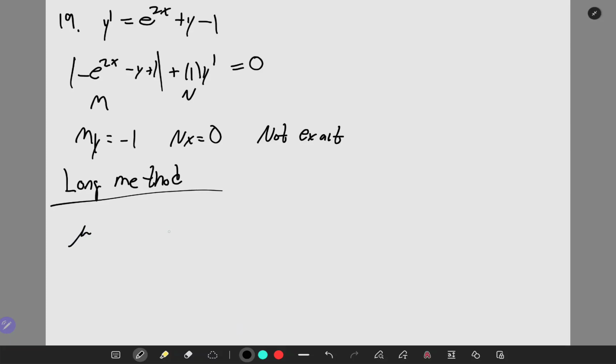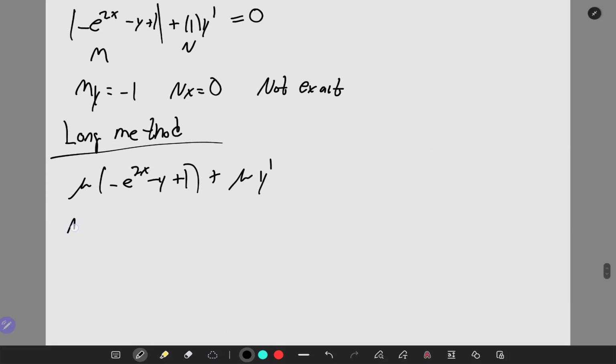Mu times negative e to the 2x minus y plus 1 plus mu y prime. So we know that my has to equal nx.